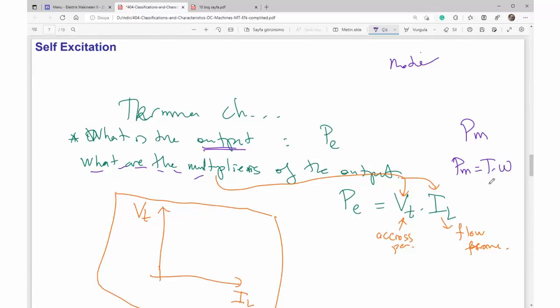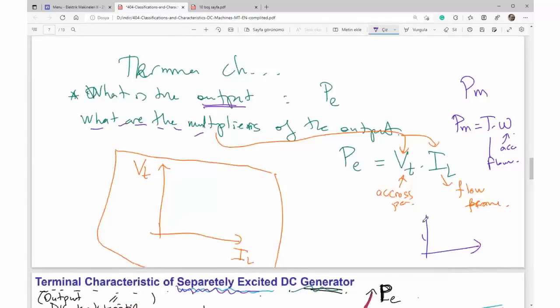So that is the across parameter, that is the flow parameter. The relation between across parameter versus flow parameter is called the terminal characteristic of the motor. The relation of across parameter versus flow parameter in any machine defines terminal characteristics.